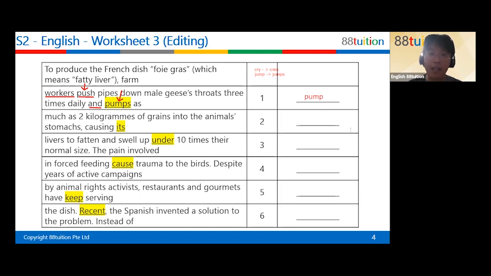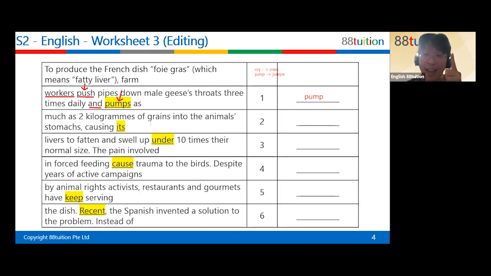So we say the workers pump as much as 2 kilograms of grains into the animal's stomachs, causing its livers. Now, this is a wrong pronoun. For the number 2 over here, it's a wrong pronoun. We only use it when we refer to the singular.